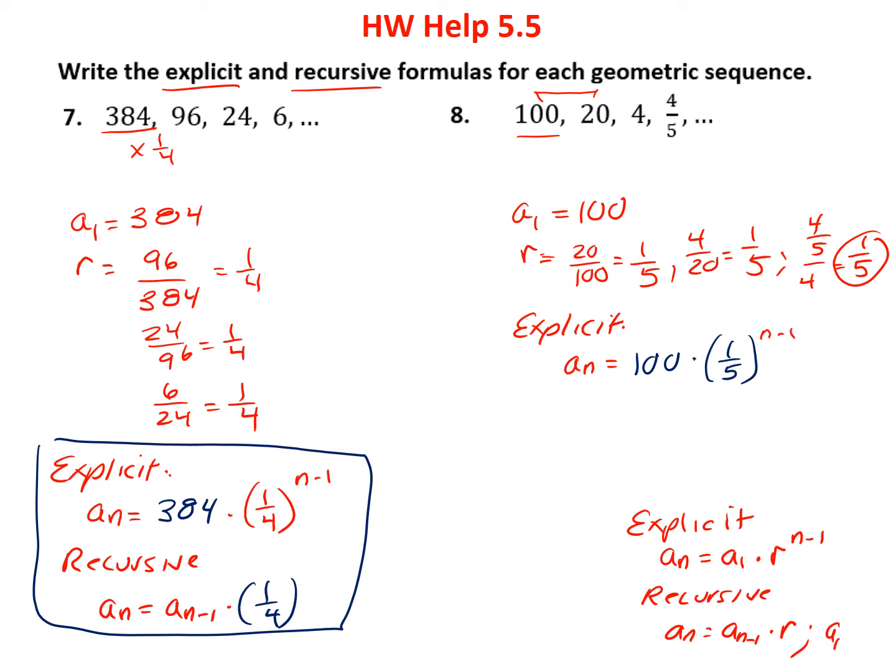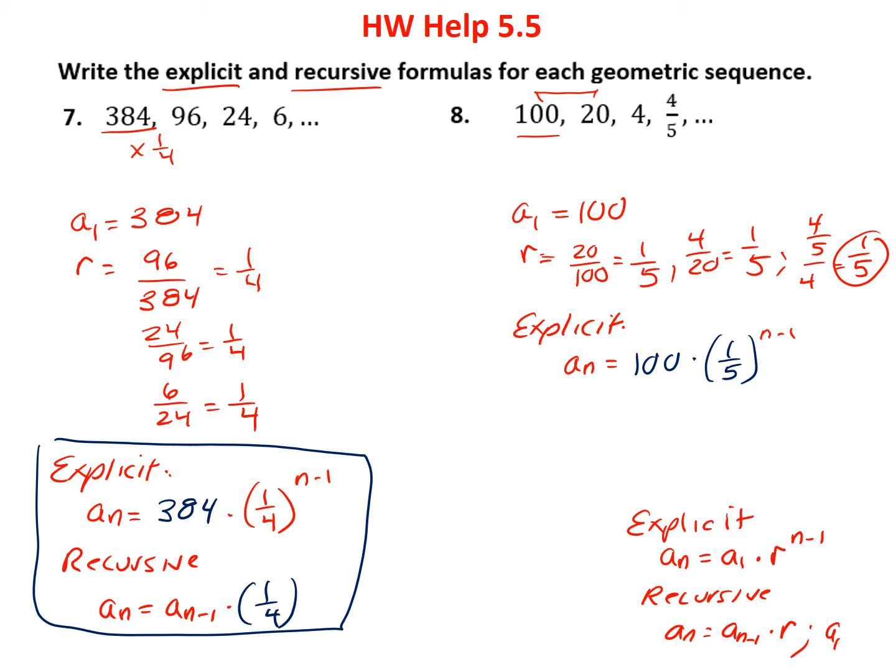Remember again, just like with the geometric, you're thinking, why is it n minus 1 and not n? Well, it's because the first term is not multiplied yet. So if I put n equals 1, 1 minus 1 is 0, and then 1/5 to the 0 would be 1, and I just have my first term. My second term becomes the first one that's multiplied by the common ratio.